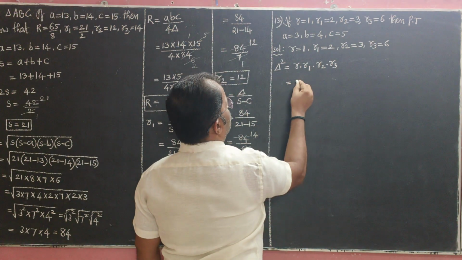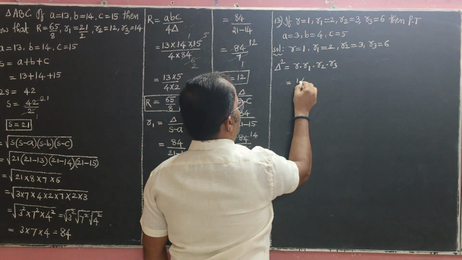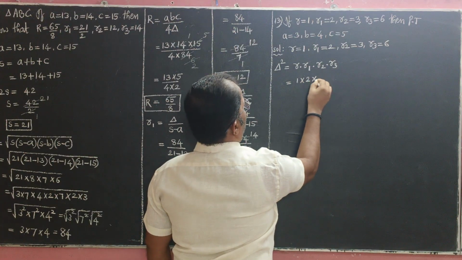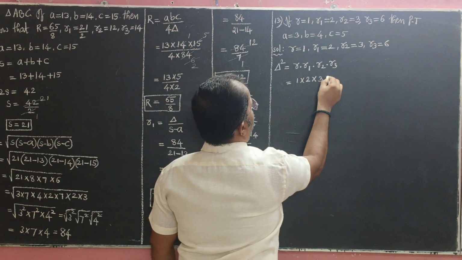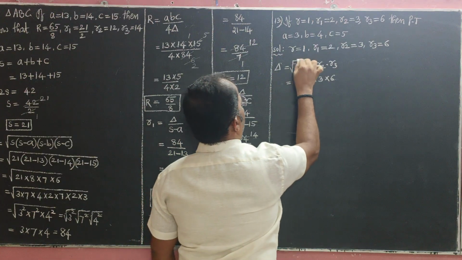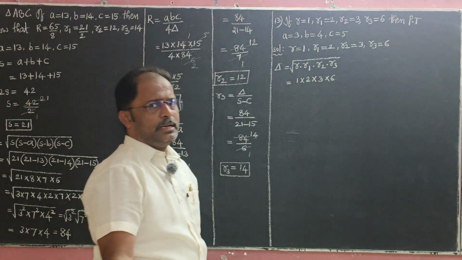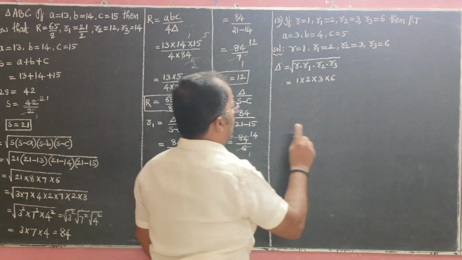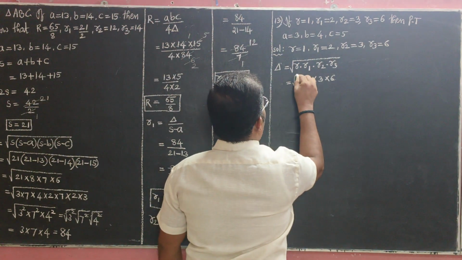So substitute the values. R value is 1 into R1 value 2 into R2 value 3 into R3 value 6. Or we can write delta value root. Okay, we can write anything. Delta square means without root, delta means with root. Okay, R1, R2, R3. Okay, right.